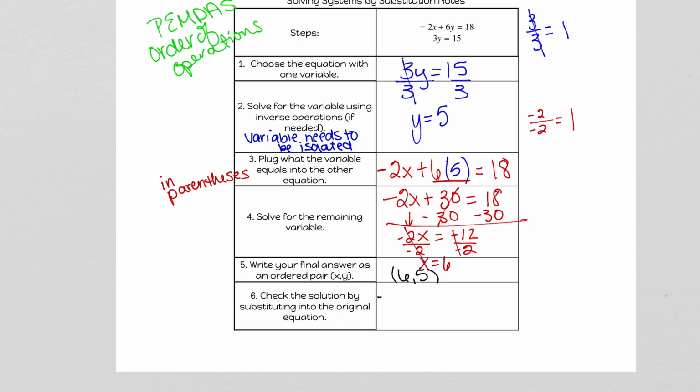So I'm going to do negative 2. Instead of our x, we're going to put our 6, plus 6 times, instead of our y, we're going to put a 5, and equals 18.